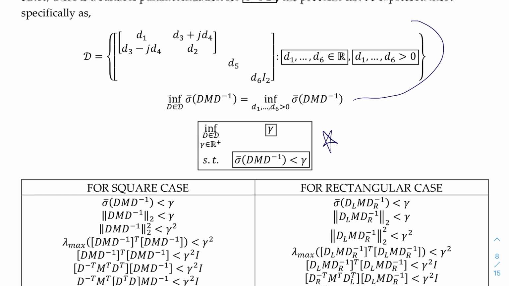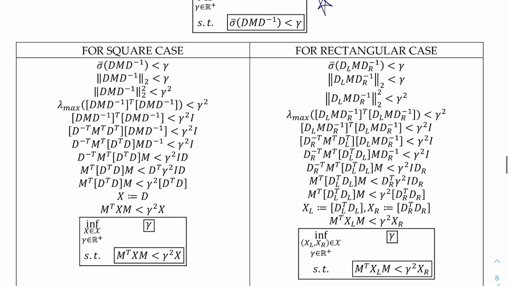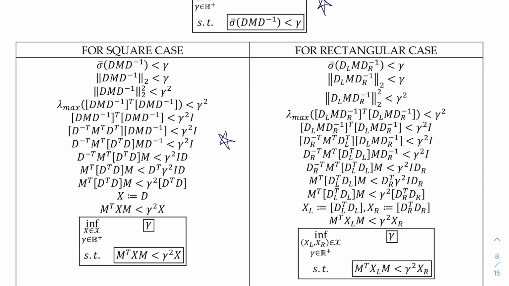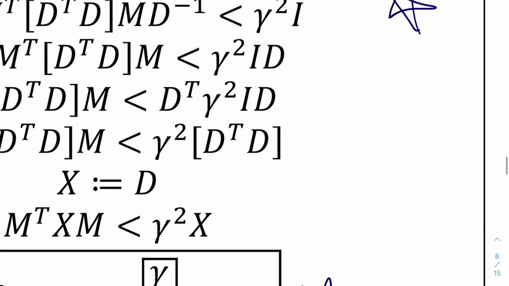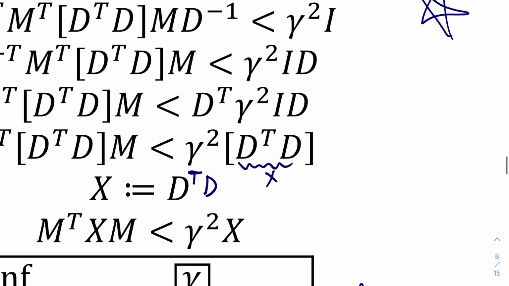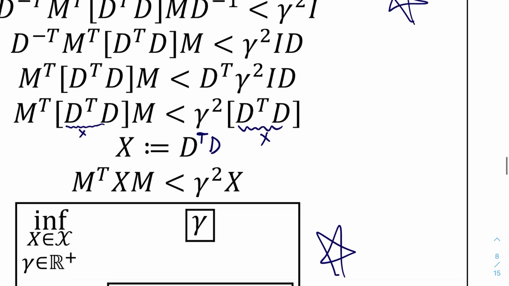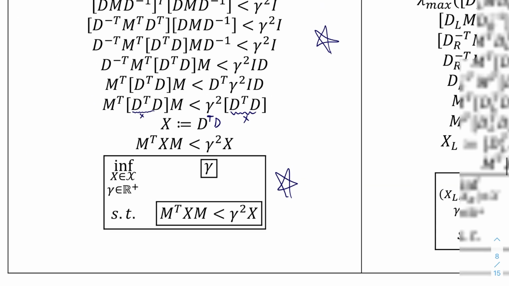This is the problem we are focusing on, and this is the information that we need to derive. I mean, this is it. We don't need to derive anything. But again, let me just correct that: D transpose D, this is X, and this is X, right?